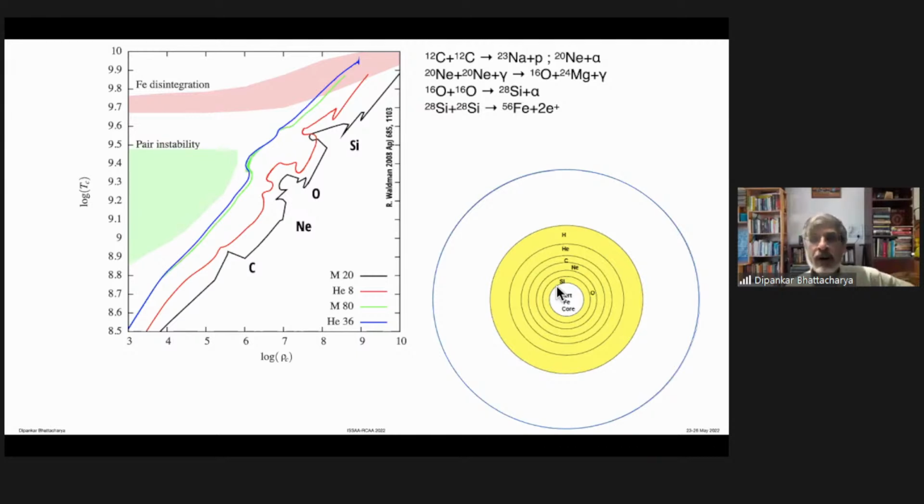So all this work that was done by nuclear fusion to bind these nucleons into tight structures will all be undone in this phase, and the iron that was produced will get disintegrated into neutrons, protons, and electrons because of the enormous amount of radiation density that it will encounter in the very, very hot core.